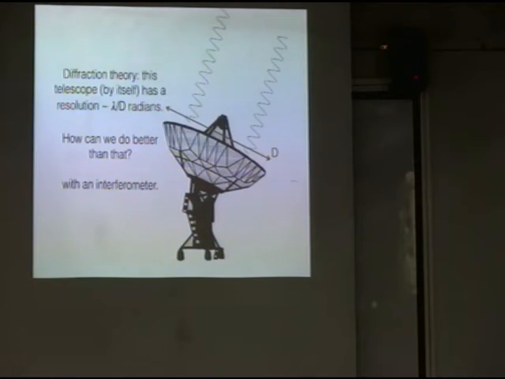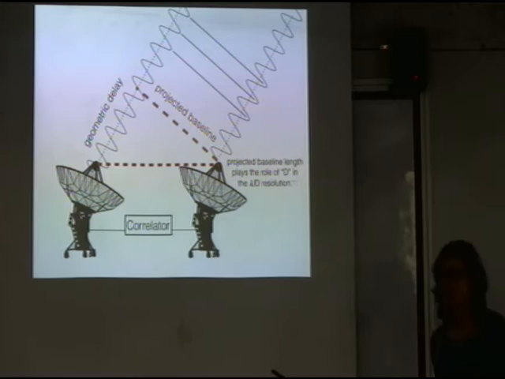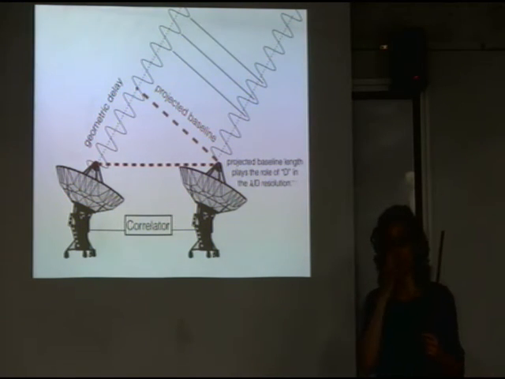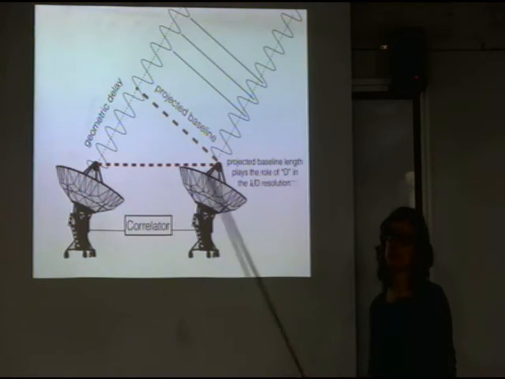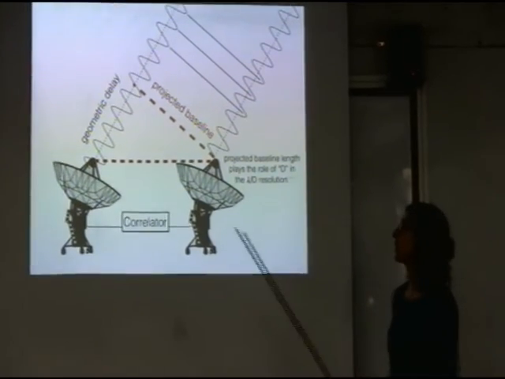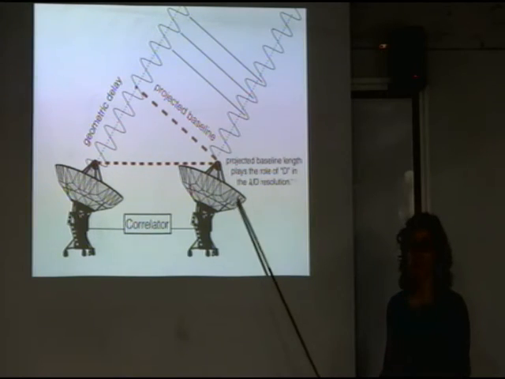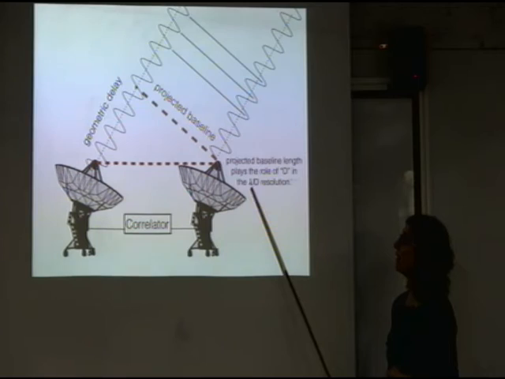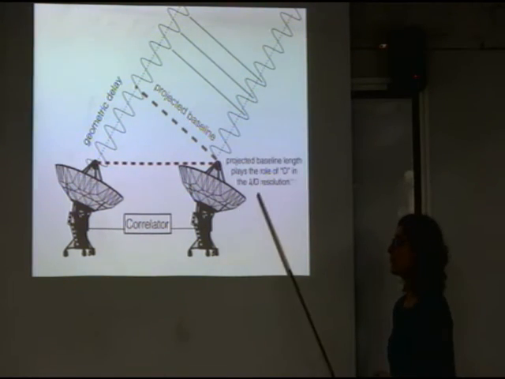So what we can do is to try to combine more than one antenna. In that case, if we add more antennas in the game, our resolution limit will be determined by the distance between our antennas. So when we are working with an interferometer, the resolution is determined by the distance of the antennas.